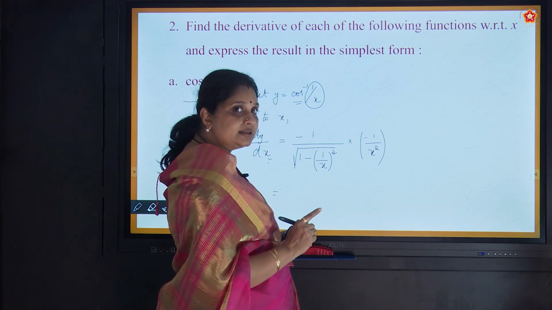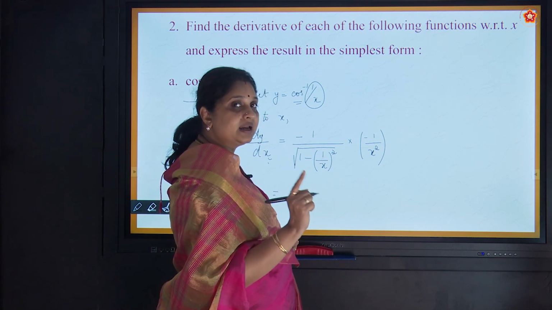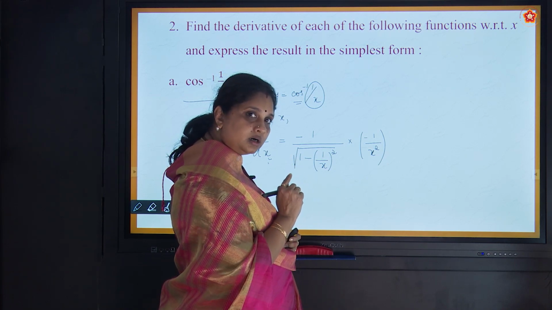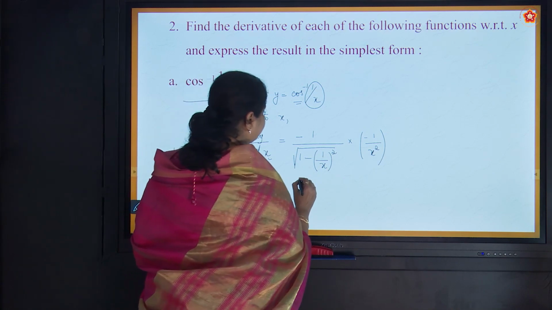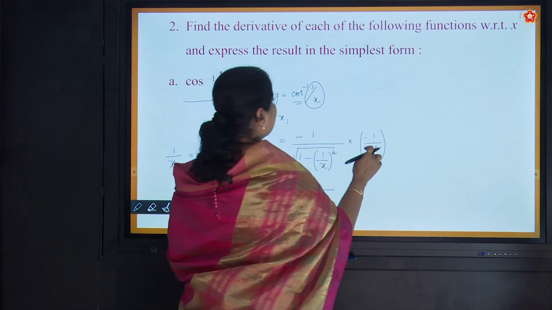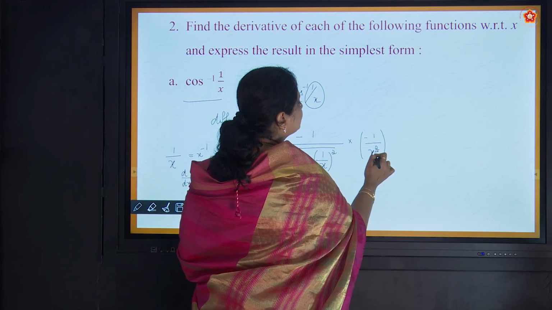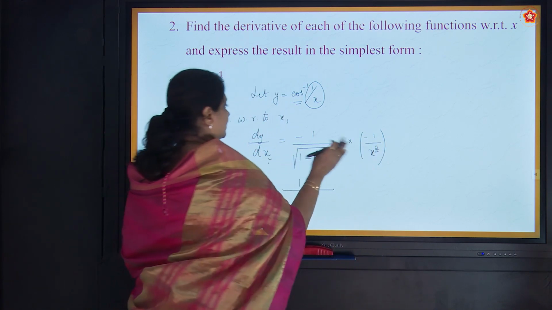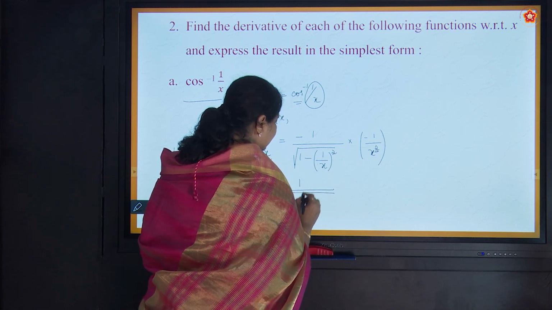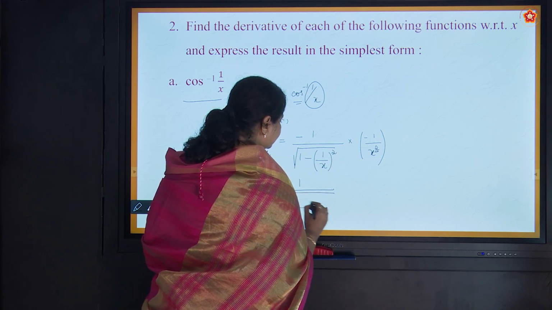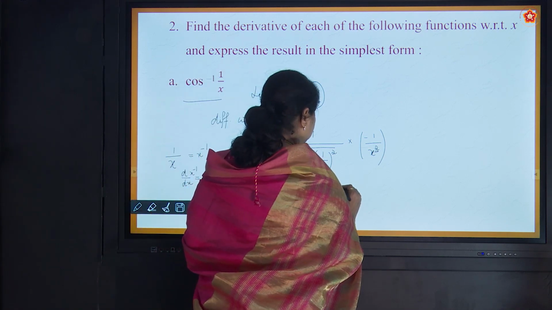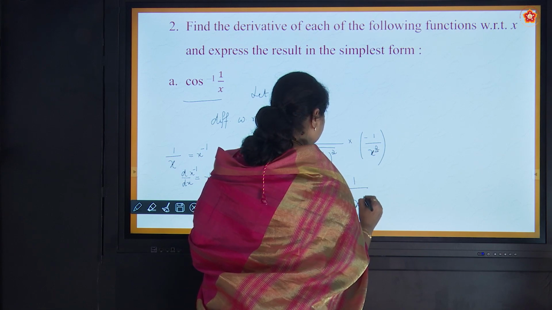Now I need to express it in its simplest form. Even if it is not asked, I've told you always expressing the answer in the right form is very, very important, as important as differentiation. Now I have 1 by root of 1 minus 1 by x square, into minus 1 by x square. The minus 1 by x square is only for this x; the square is for x, so the minus remains itself. Minus into minus is plus. Take the LCM here, x square is the LCM. So x square minus 1 over x square, into 1 by x square.